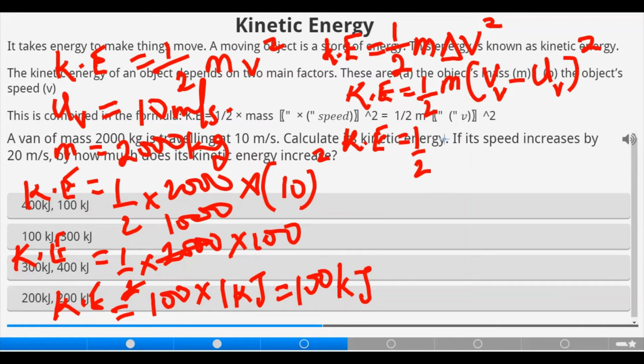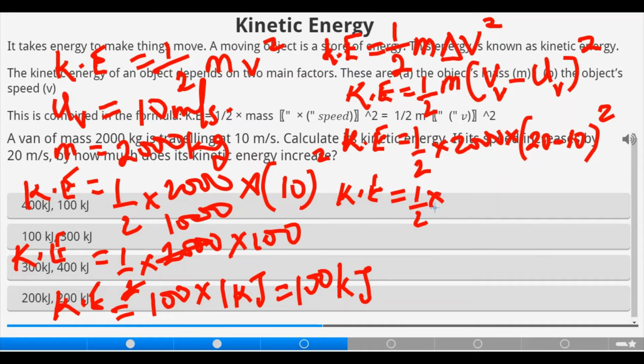Half times 2,000 times, so I have 20 minus 10 all squared. Now don't forget the rule for completing the square, times 2,000 times, that will be, if you have 20 minus 10 all squared, you can write it as 20 plus 10, 20 minus 10.